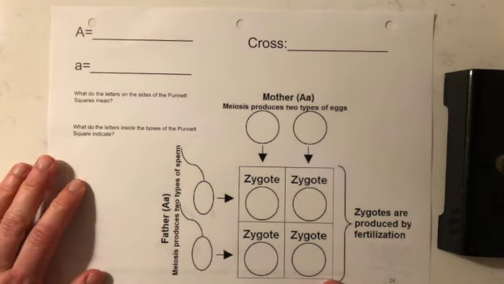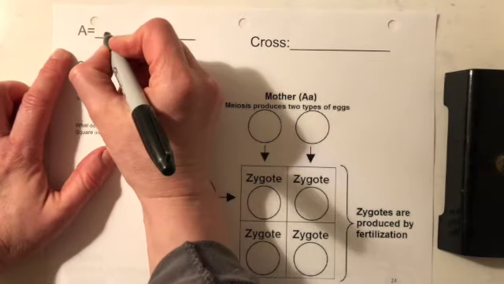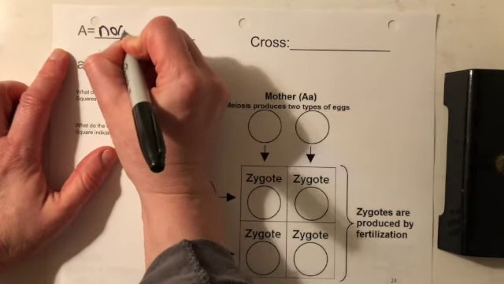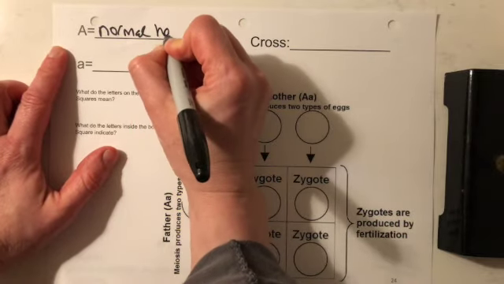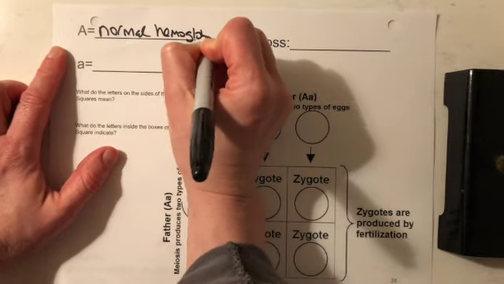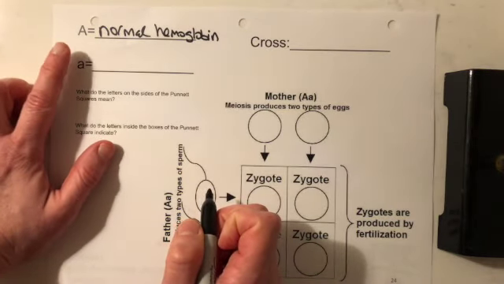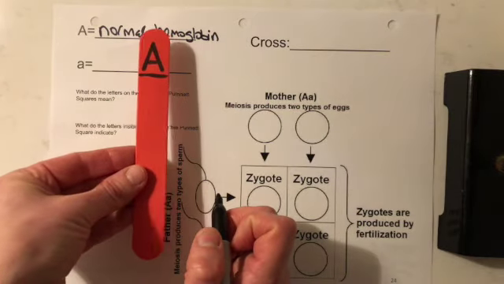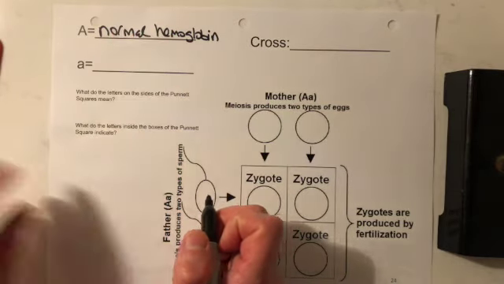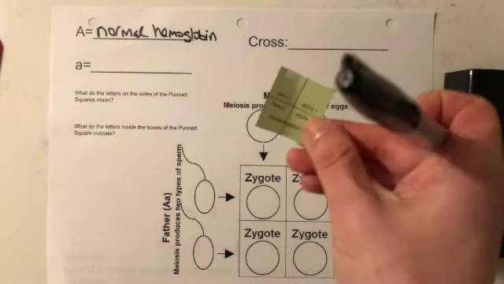Okay, so remember from early in the unit, we said that capital A, big A, stands for normal hemoglobin. It stands for the normal hemoglobin allele. So if you have the big A allele on a chromosome, it stands for the normal version of hemoglobin, which looks like this.